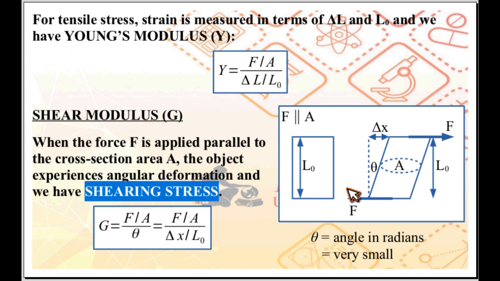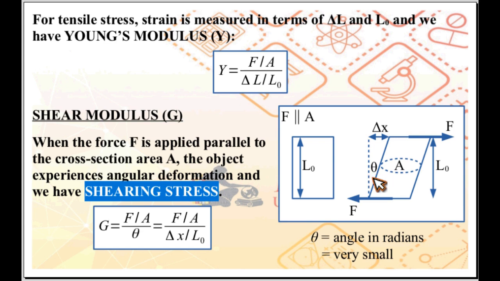Theta here is the angular deformation, and it is measured in radians. For theta to be very, very small, theta is equal to opposite over adjacent.